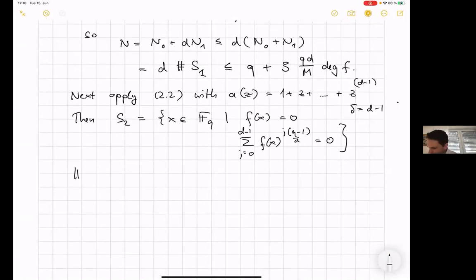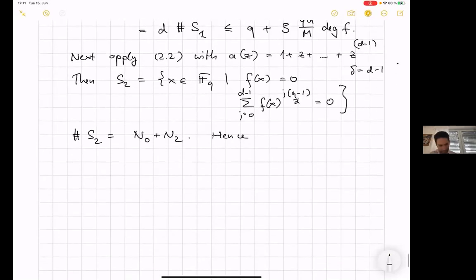Okay, and so the cardinality of S2 is n0 plus n2. And we obtain that n is n0 plus d n1, and that's greater than or equal to d n1. But d n1 is d times (q minus n0 minus n2).